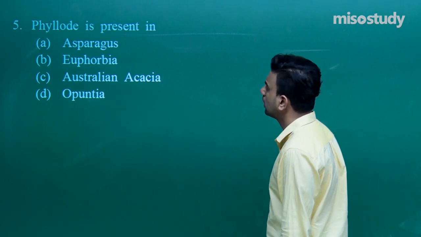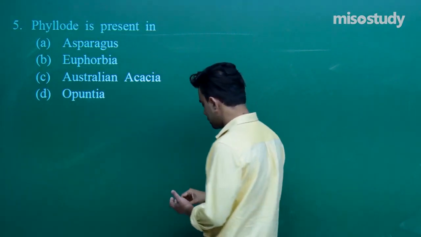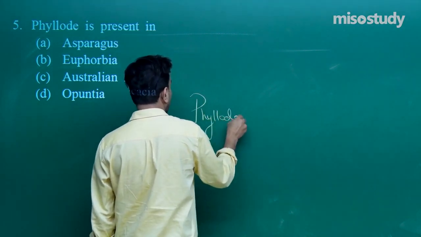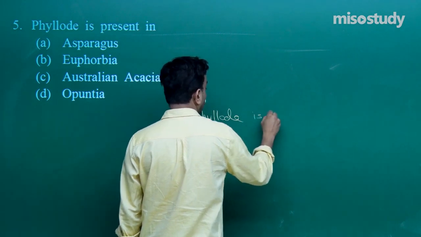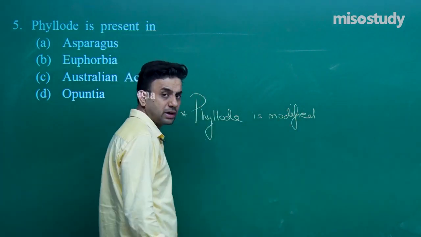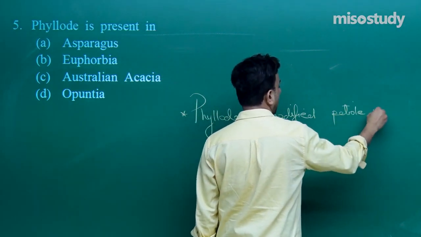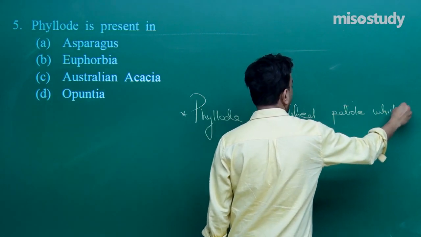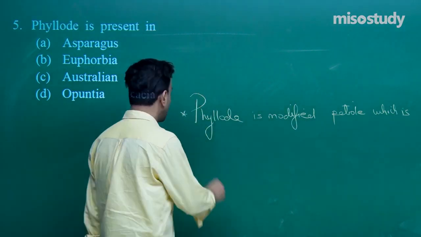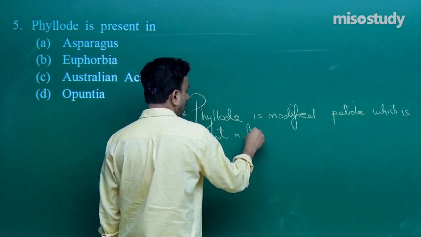Phyllodes. Now, phyllodes is what? Phyllodes is a modified petiole which is present in Australian Acacia.